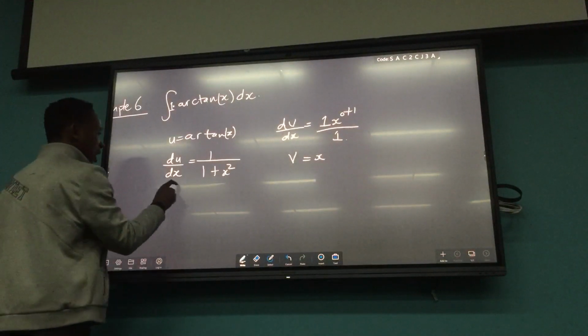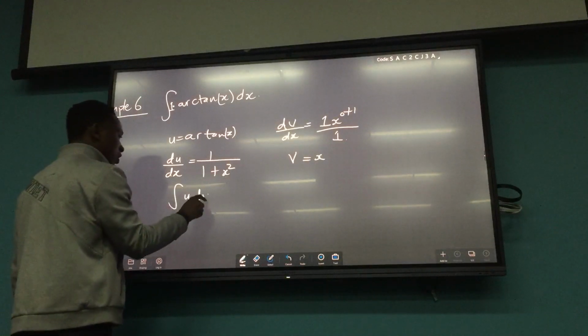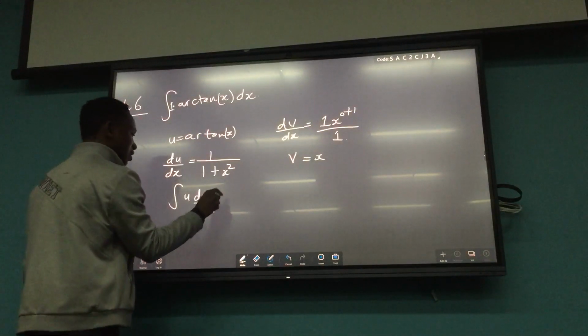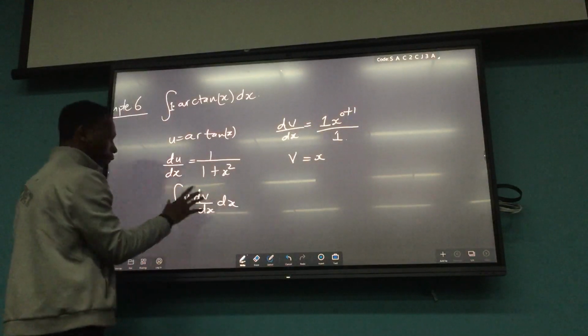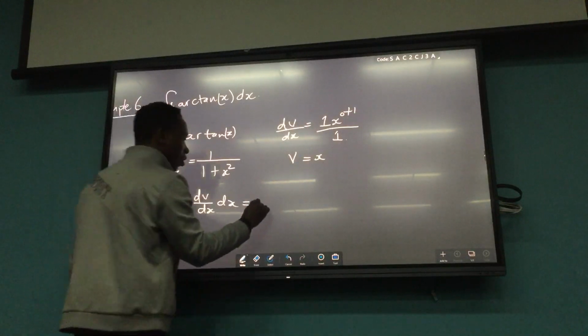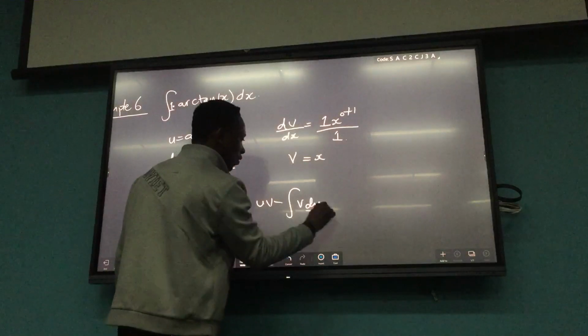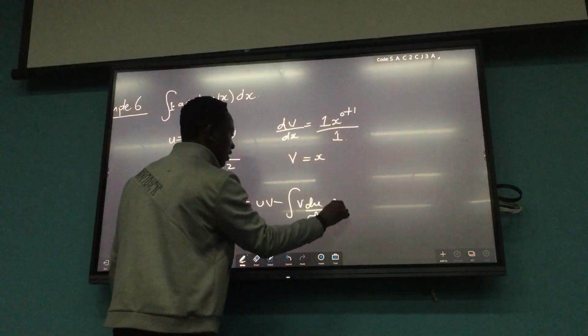After that, we write our formula for integration by parts. The integral of u dv over dx, so the question comes in this form: u dv dx equals uv minus the integral of v du over dx.